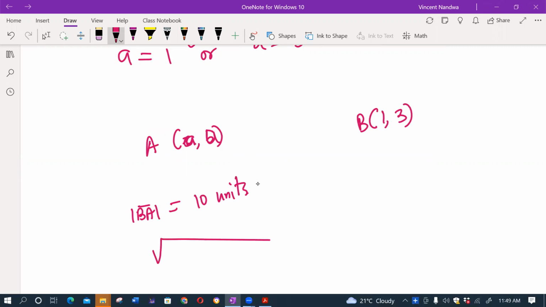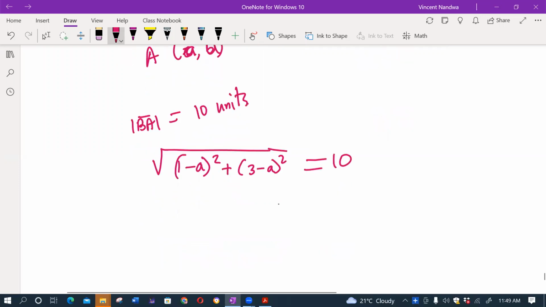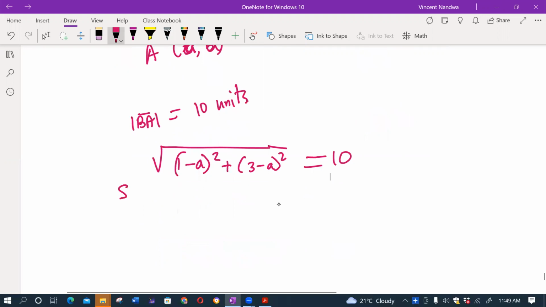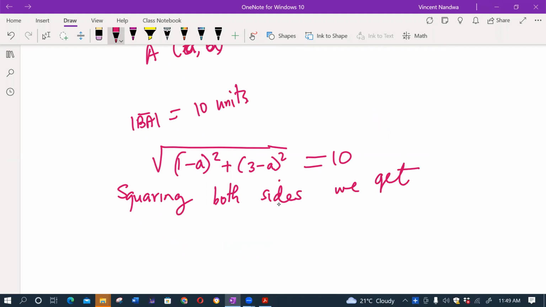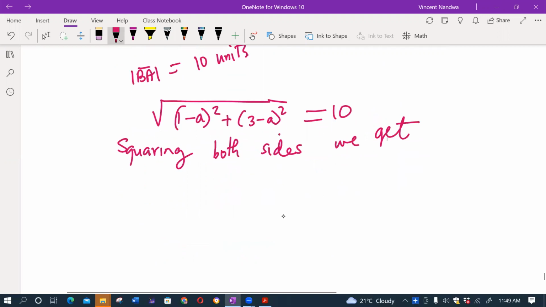So distance of AB is the same as square root of (1 minus A) squared plus (3 minus A) squared. So this would give us 10, by definition in the question. So squaring both sides, we get (1 minus A) squared plus (3 minus A) squared equals 100.